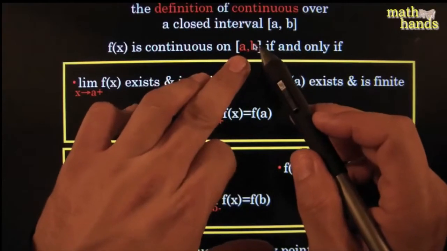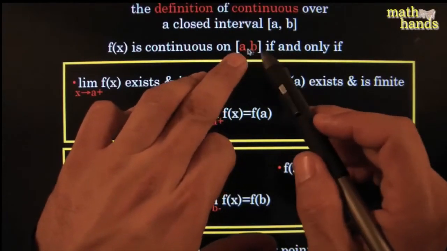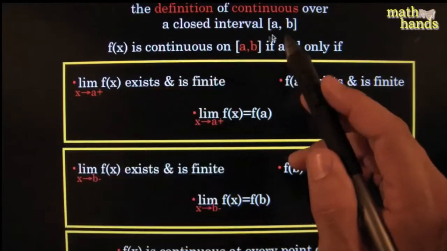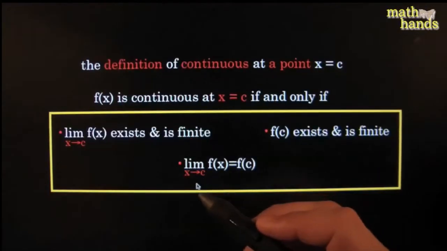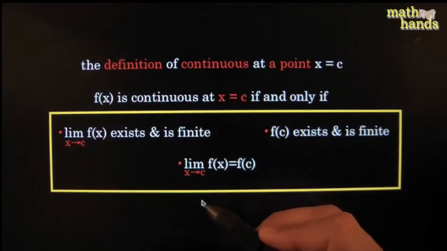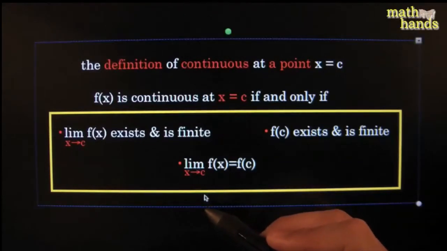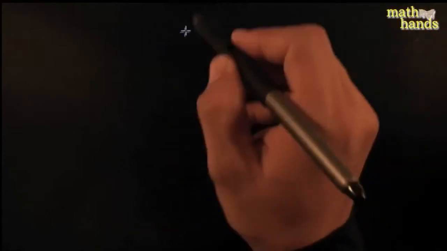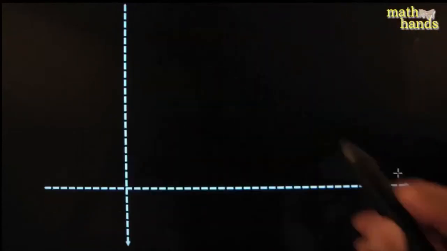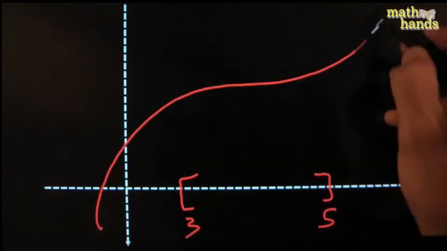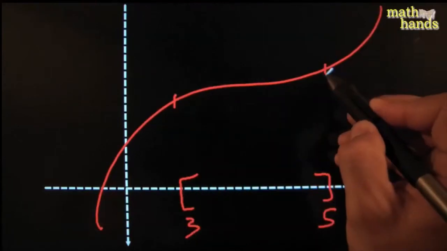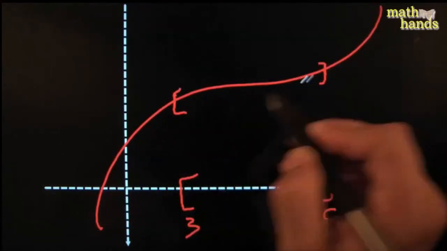But the genius in the definition is that it foresees things that we can imagine, and it foresees things that we can't even imagine. These discontinuities could get as crazy as you want them. The definition is super, super strong. It'll take care of things that we have already imagined and things that we haven't even imagined. And to check that something is continuous, all you got to do is go through the checklist. Does the limit exist? Does the value of the function exist? And are they equal?